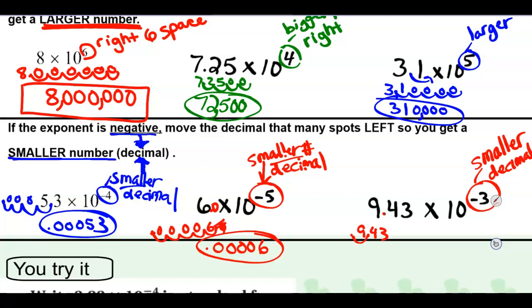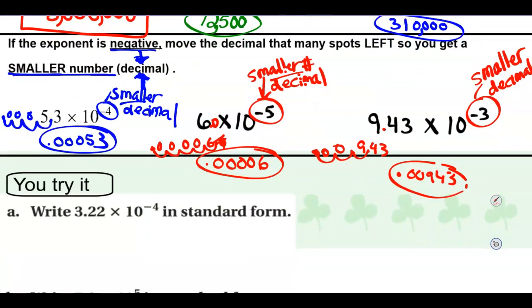So I'm going to go to the left 3. 1, 2, 3, and I'm going to put my decimal, and then I'm going to fill these two with zeros. So then my final answer would be 0.00943.